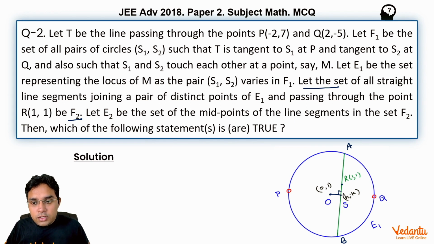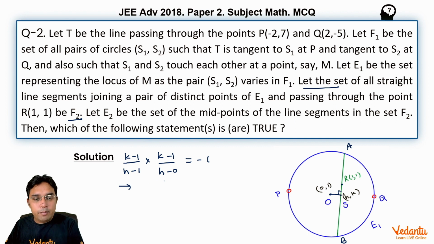So the locus of this S, (h, k), can be written directly by using m1 m2 equal to minus 1. So (k minus 1) upon (h minus 1) into (k minus 1) upon (h minus 0) is equal to minus 1. So after replacing h by x and k by y, we get x into (x minus 1) plus (y minus 1) whole square is equal to 0.